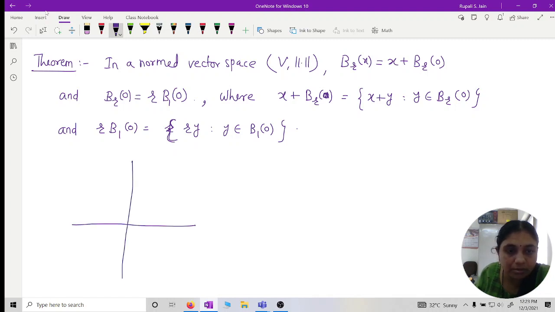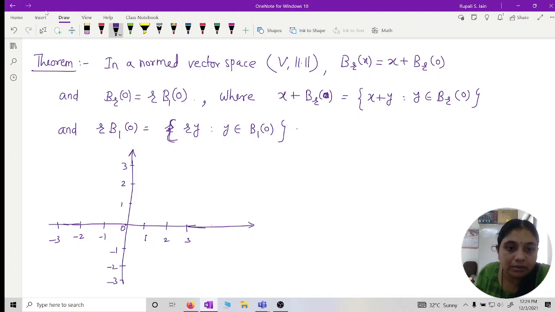Okay, let me draw the diagram. So for B_r at x, suppose this is 1, 2, 3, minus 1, minus 2, minus 3, and this is 0, our origin. If suppose the center is 0, let me draw one ball.